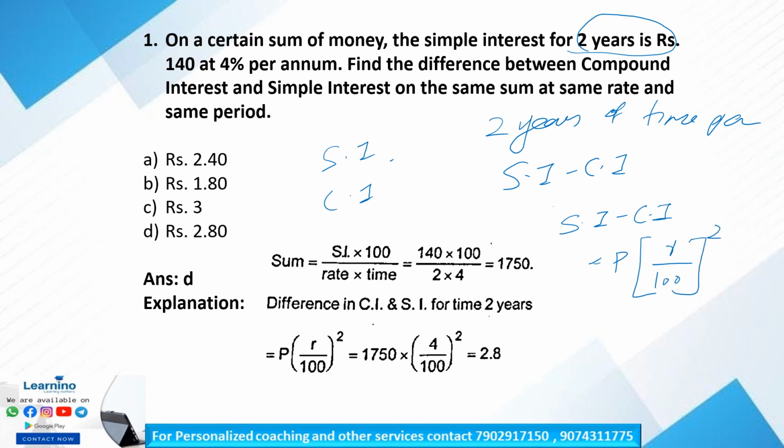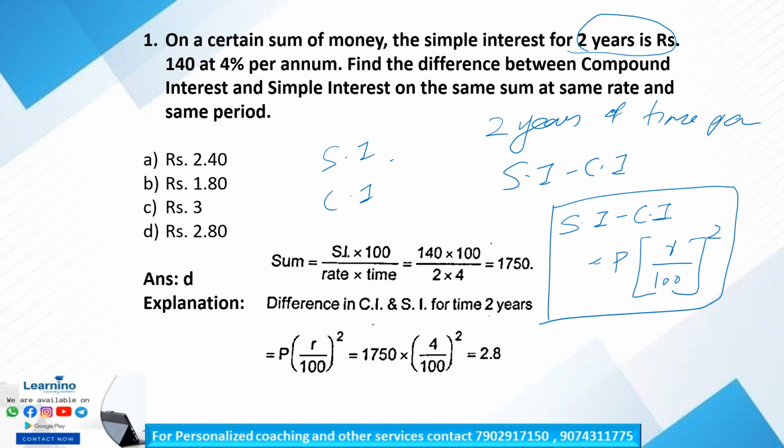This is a standard equation. Is it clear? Rather than by-hearting it, be familiar with this equation: P into R by 100 whole square.